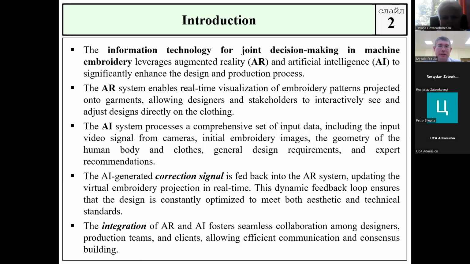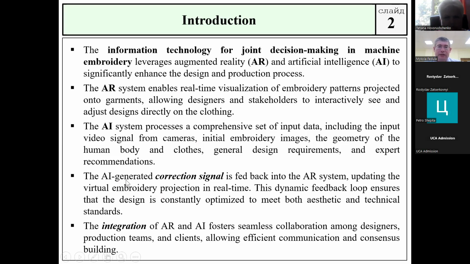The AR system enables real-time visualization of embroidery patterns, and the AI system processes a comprehensive set of input data, including the input video signal from cameras, initial embroidery images, the geometry of human body and clothes, general design requirements, and expert recommendations.